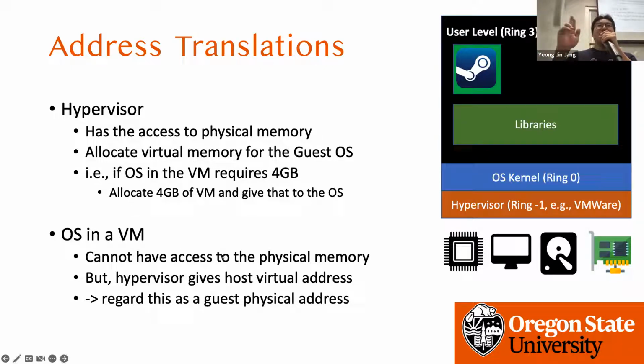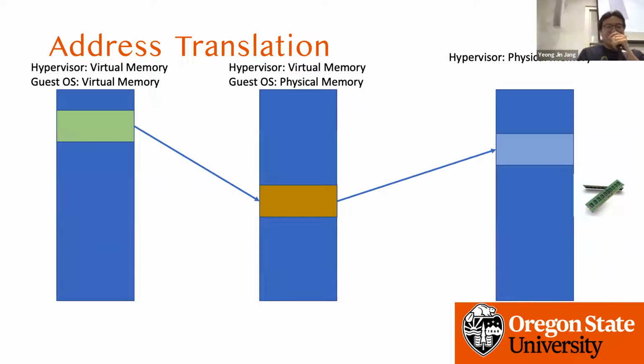Then there should be a translation between the guest operating system and the hypervisor. And we already have the virtual to physical address translation from the guest user to the guest operating system, which we just learned. So think of it like this: this is the guest virtual address, this is the guest OS physical address, and this is the real host physical address.